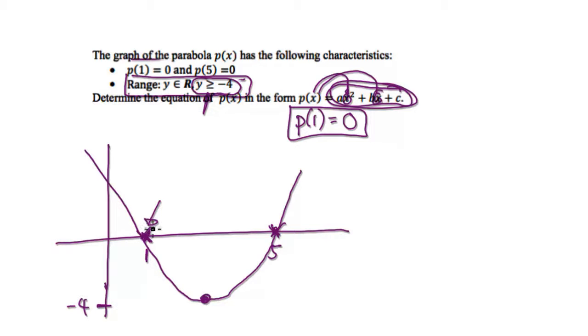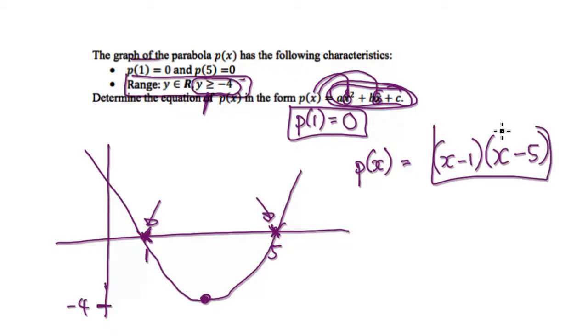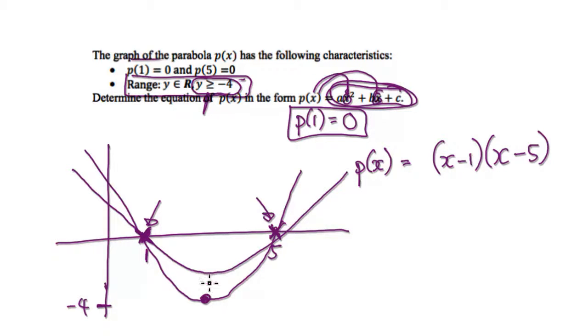Well, if it crosses at 1 and it crosses at 5, we should be able to jump immediately to this, (x - 1)(x - 5). This thing here will give us a parabola that will cross over at 1 and at 5. But by leaving it as this, it could give us a really shallow parabola like this, in which case the vertex won't touch -4.